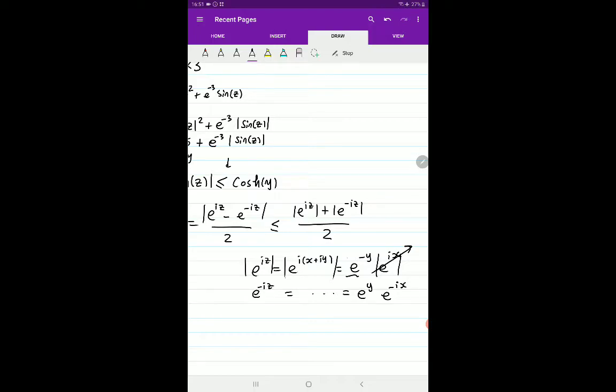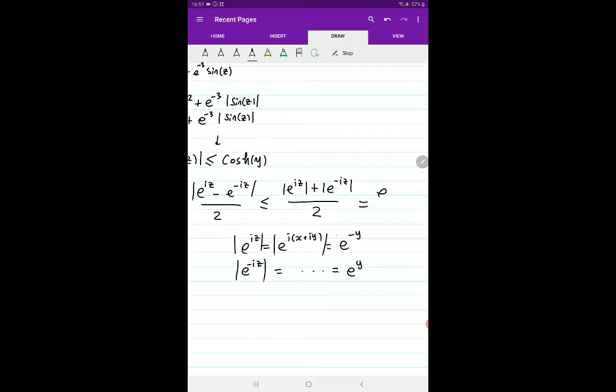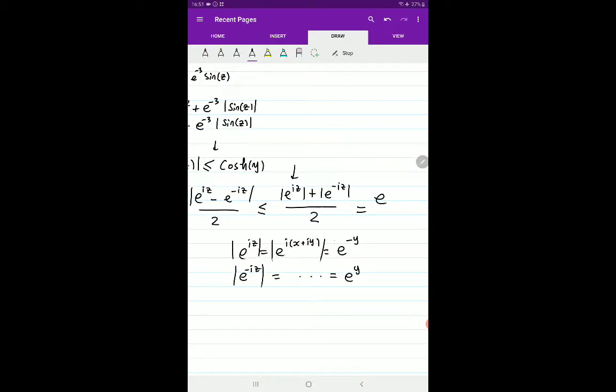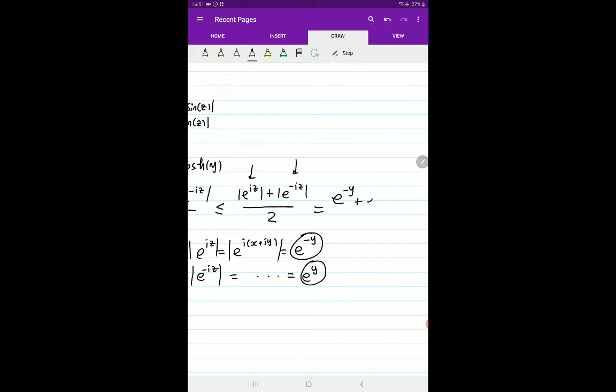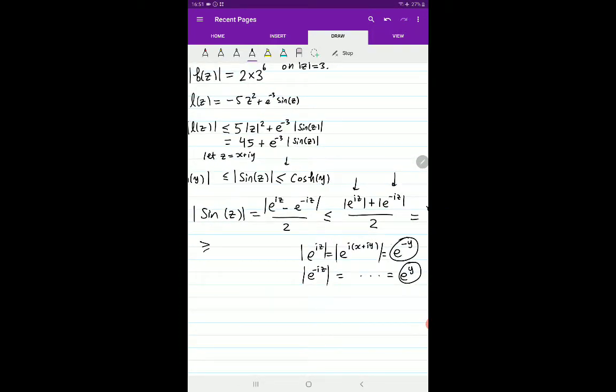This is a positive real value. And so I can replace this with e to the minus y, and I can replace this with e to the y. But then this is nothing but cosh of y. If I want the lower bound, I use the reverse triangle inequality.